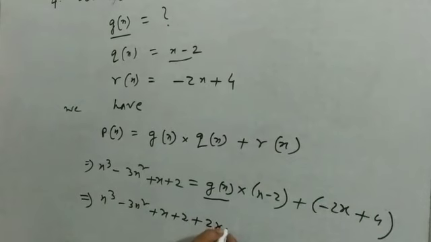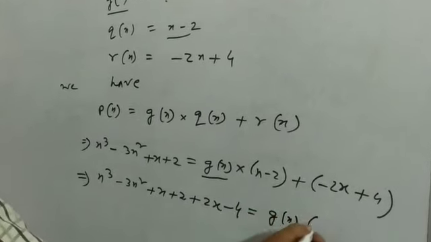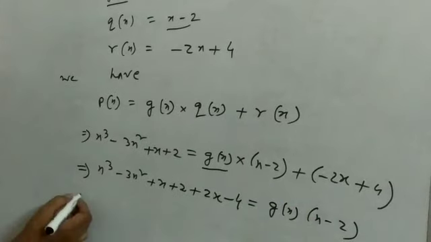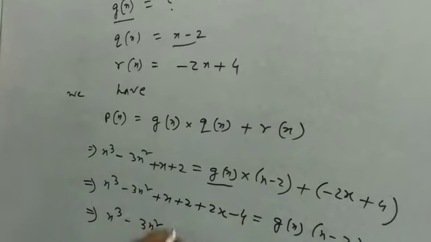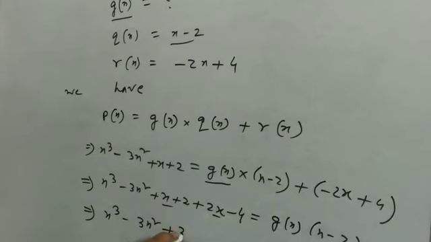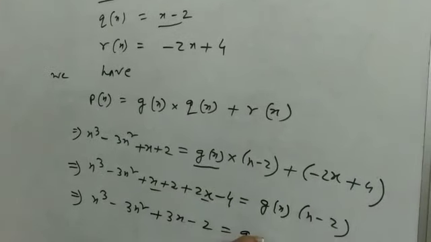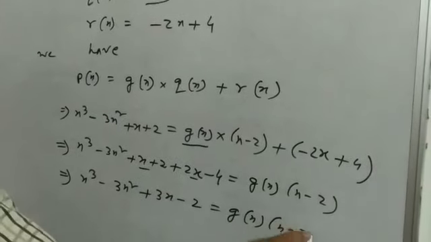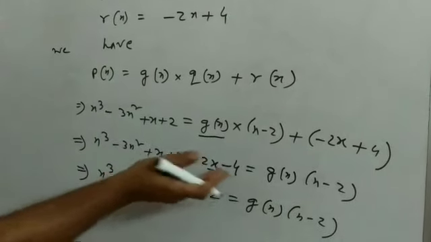Plus 4 will transfer, so it is minus 4, equal to g(x) into x minus 2. Now next line, x cube minus 3x square, here x plus 2x is 3x, 2 minus 4 is minus 2, is equal to g(x) into x minus 2. We have simplified by adding and subtracting.